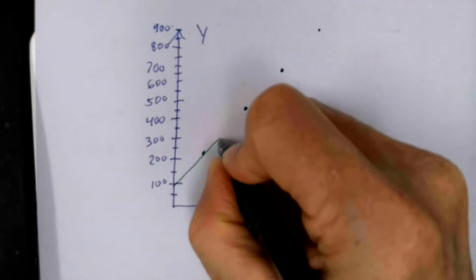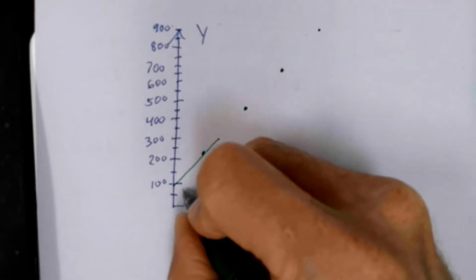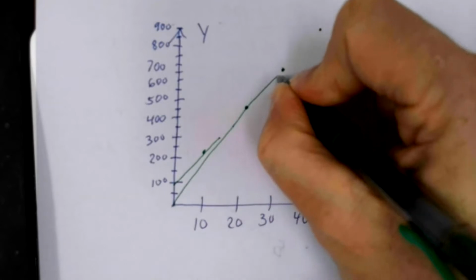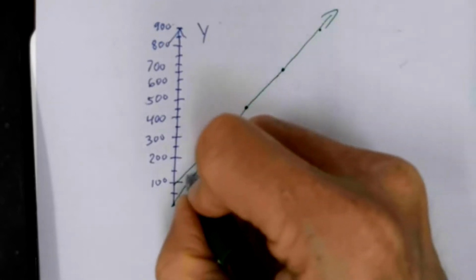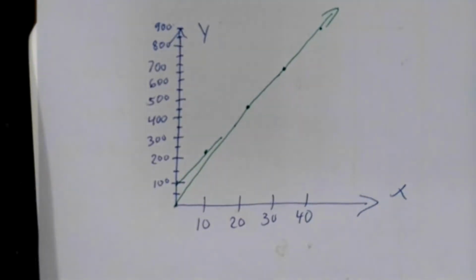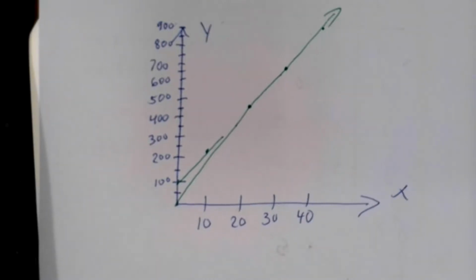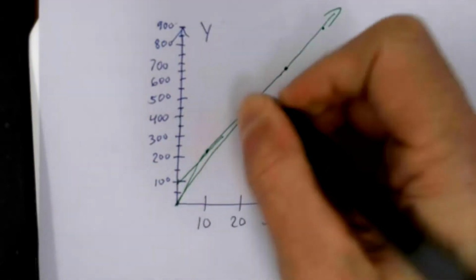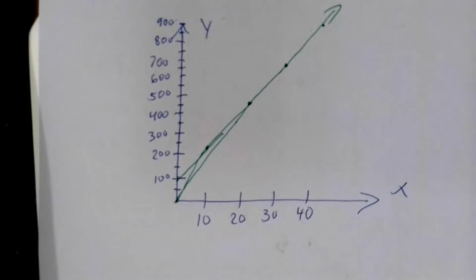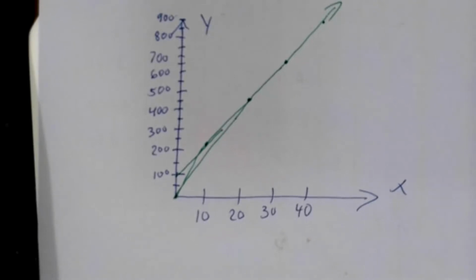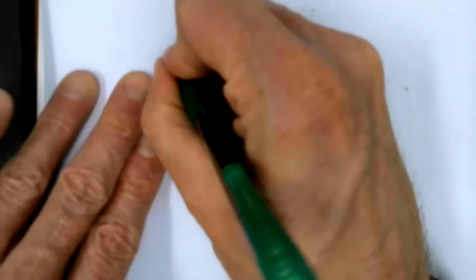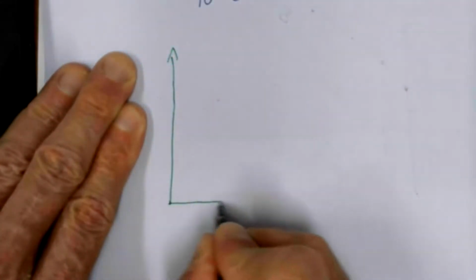So if I connect my points, it's actually going to pass through the origin. It looks like that. Oh. Let me see if I can fix that a little bit. That's not very good. I'm going to redo that real quickly. That came out much worse than I thought it would.